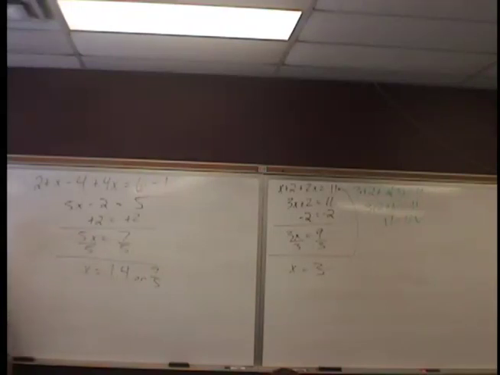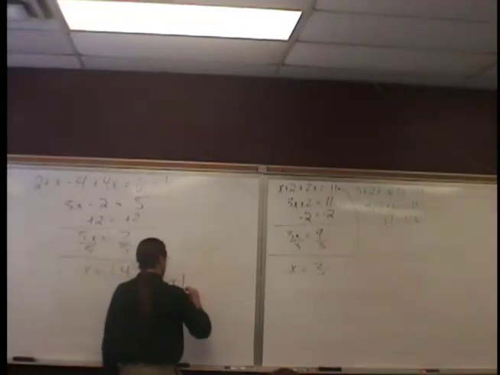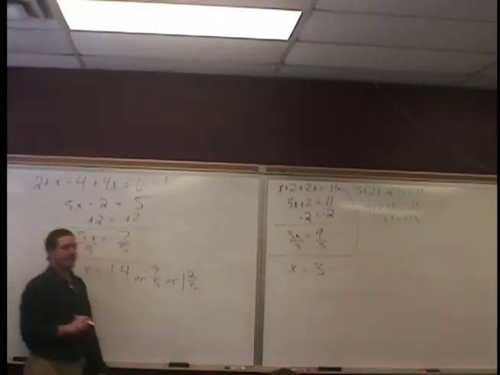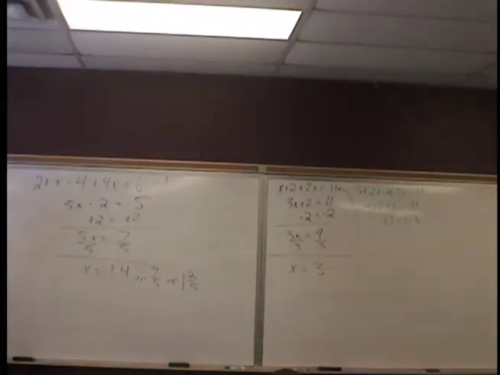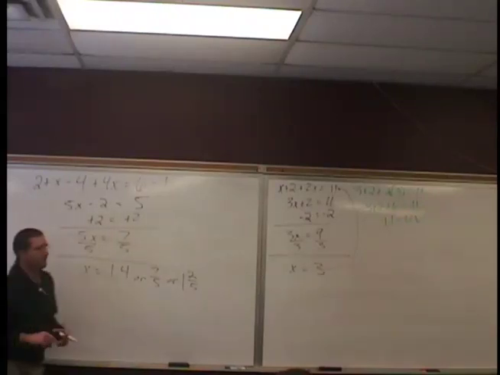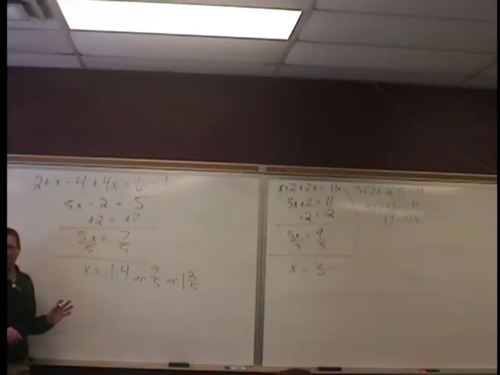I'm perfectly happy with 7/5, folks. That's a great answer. Again, any of those are viably correct answers. Just make sure you read the directions and answer the way I ask you to. All right? All right. So, not bad. Okay.